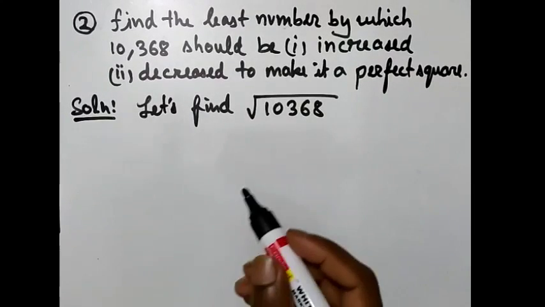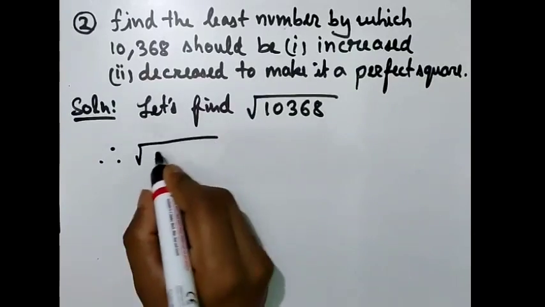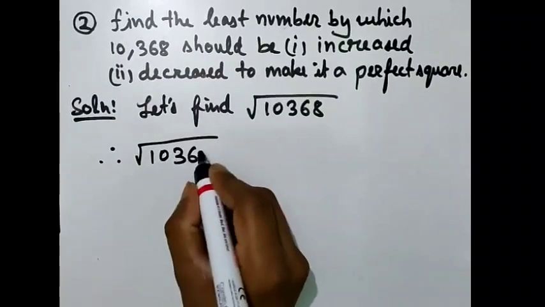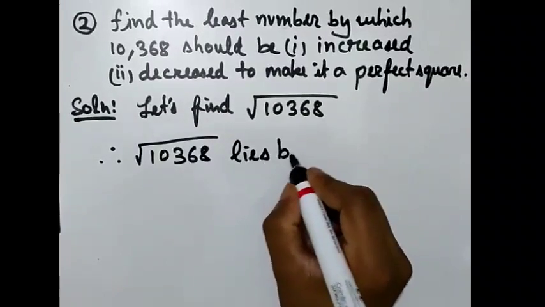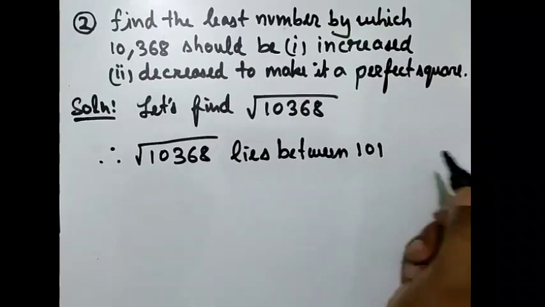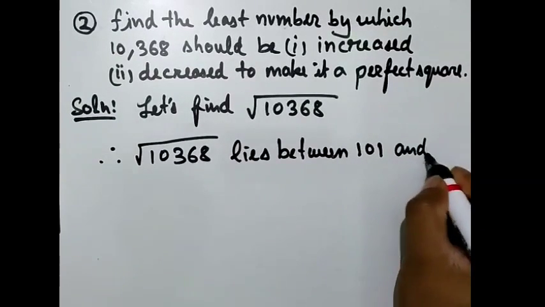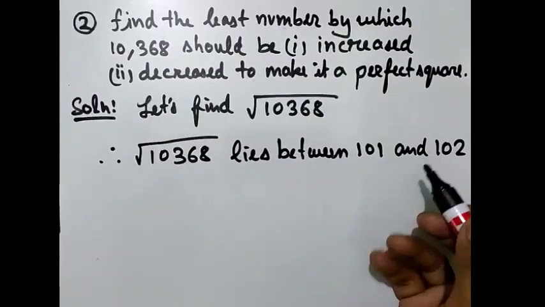Now since we have a remainder, we can say therefore the square root of 10,368 lies between 101 and 102, isn't it? Because if we had divided further, we would have got the answer in decimal.